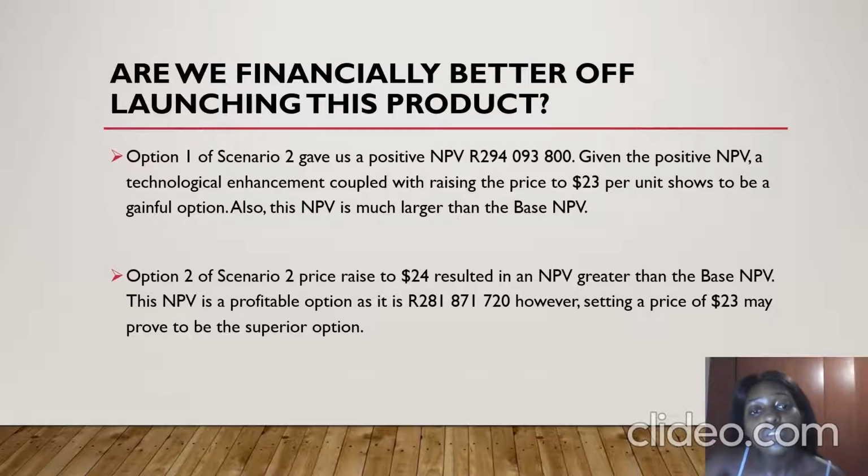Option 2 of scenario 2, which is a price rise to $24, also resulted in a positive NPV of 281,871,720. However, setting a price of $23 may prove to be a superior option since it has an NPV that is higher than the other NPVs compared.